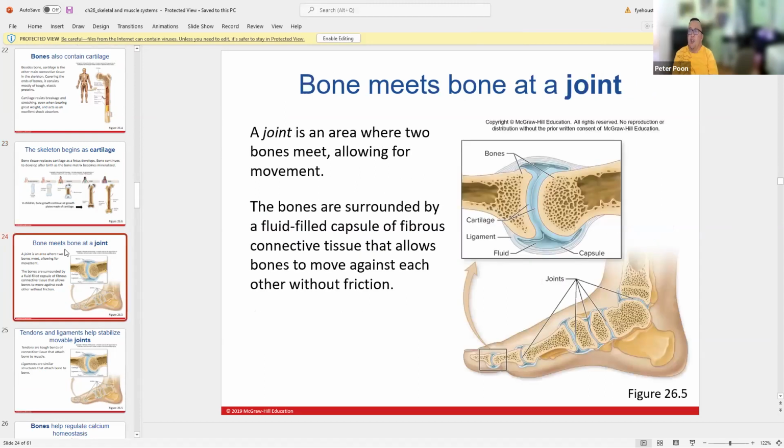A joint is an area where two bones meet. A joint usually has a little bit of fluid to cushion it. So you have cartilage surrounding the ends of the joint, and then a little bit of fluid that allows for movement between the joints.